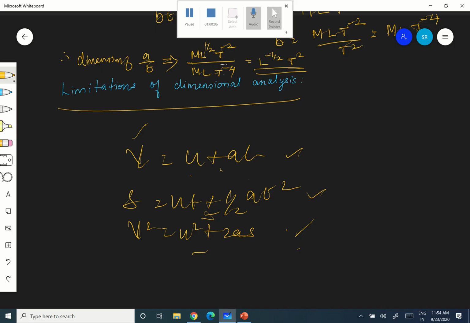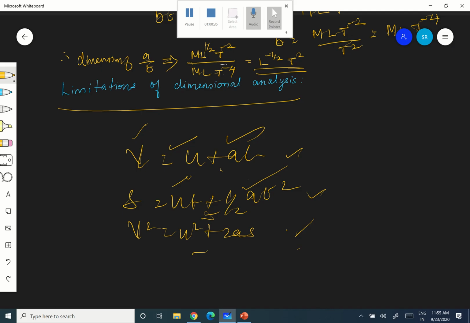Therefore, the equation has two parts: u and at, ut and half at squared, u squared and 2as. If the formula you want to derive has two parts like this, something plus something, then you cannot adapt dimensional analysis for deriving it.